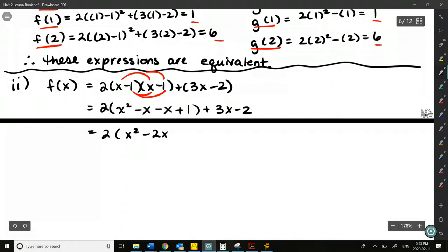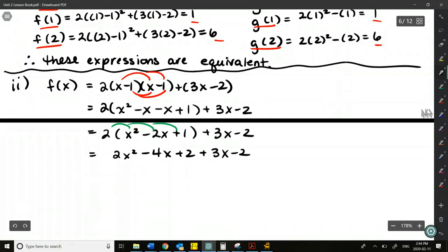Just going to gather up the negative x's inside the bracket there. And then we can bring in the 2. Okay, gather up your like terms here.